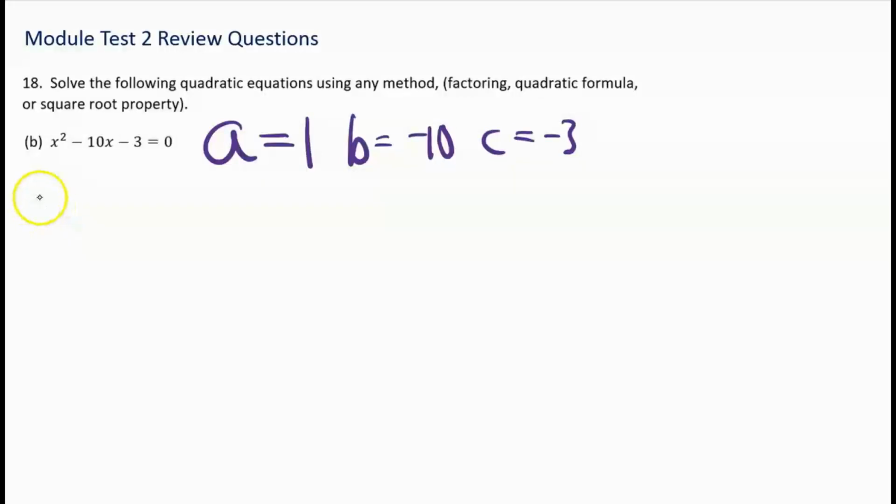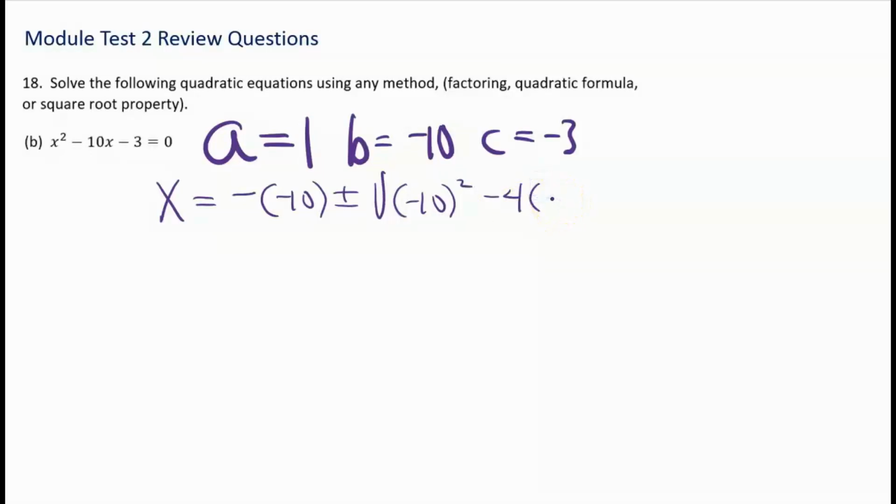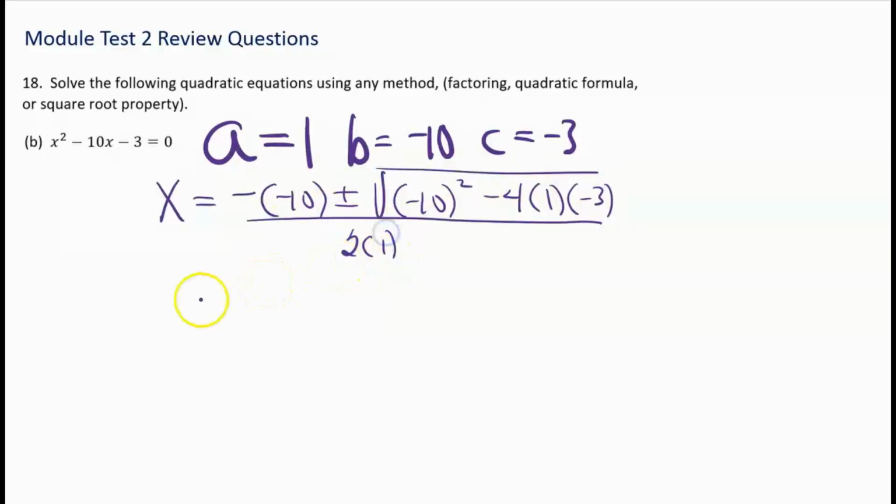So my formula is x is equal to negative B. So negative of a negative 10 plus or minus the square root of negative 10 squared minus 4 times A, which is 1, C is negative 3. And that's all divided by 2 times A, which is 1.